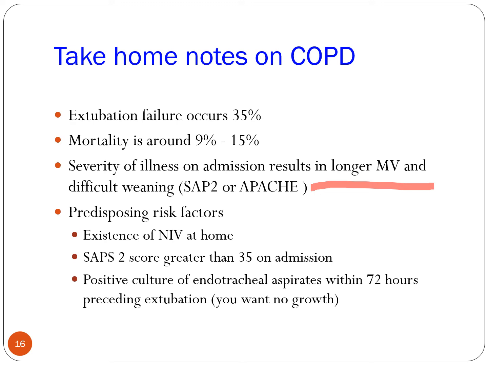So some of the predisposing factors you've got to pay attention to is the use of non-invasive ventilation at home, a SAPS2 score of greater than 35, and positive culture and endotracheal aspirate within 72 hours. You want no growth. That's what you want. You don't want to see any kind of growth in the endotracheal tube. So keep this in mind. It will help you with weaning these patients. So let me go to the next slide because I want to further this.